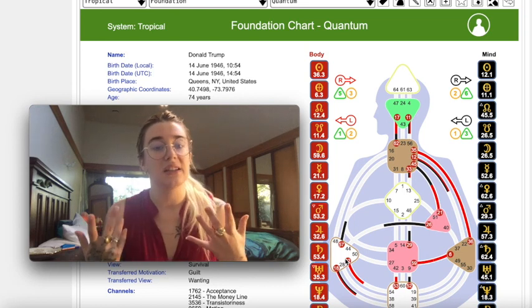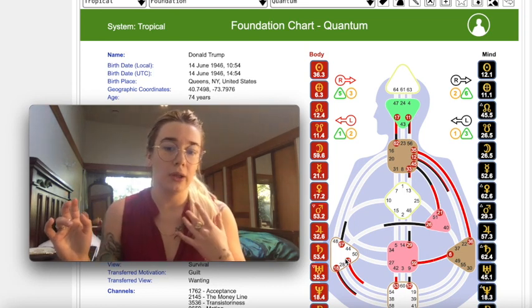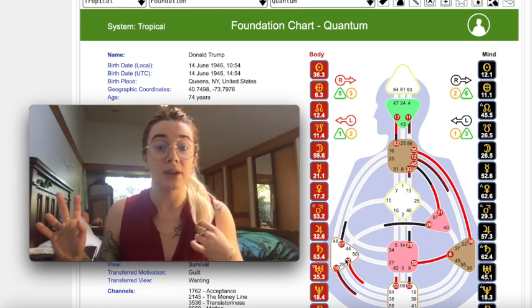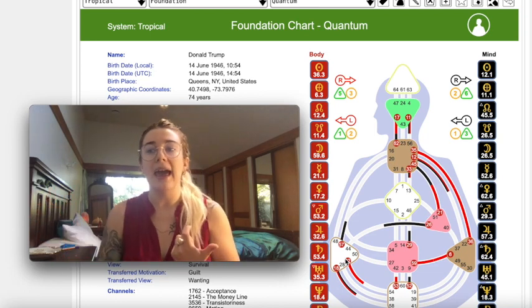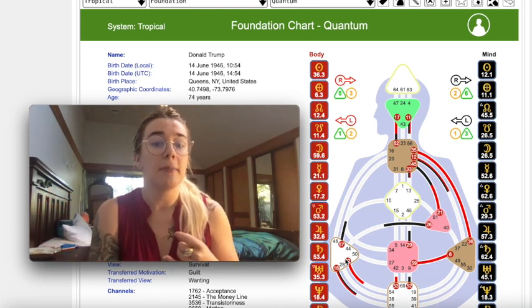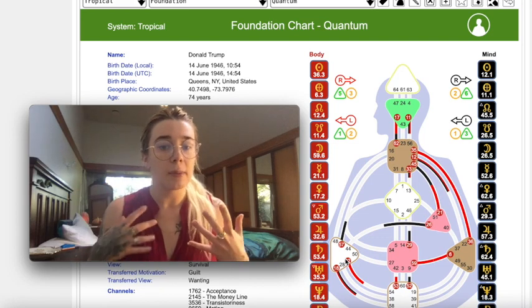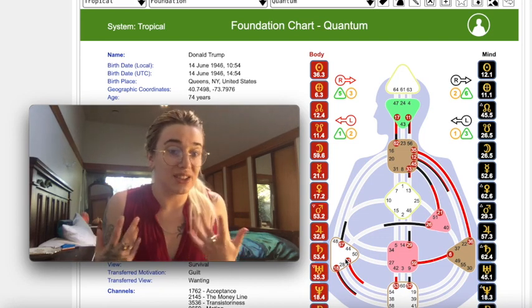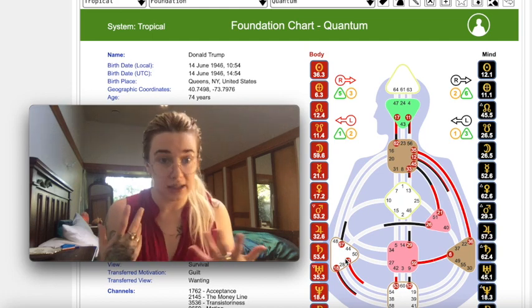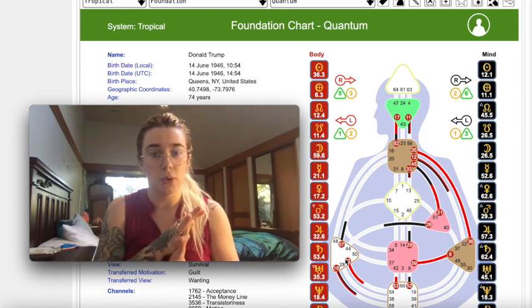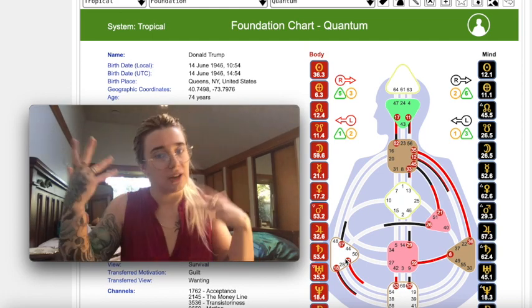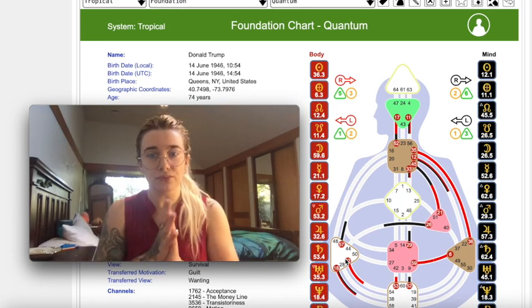At the highest expression, people with an open spleen can be fearless because they don't have as much fear holding them back because they don't have consistent access to that energy in them either. So there's different parts for everything, right?